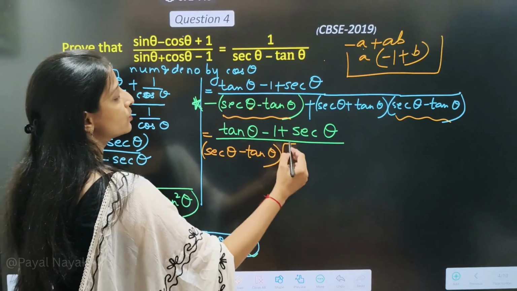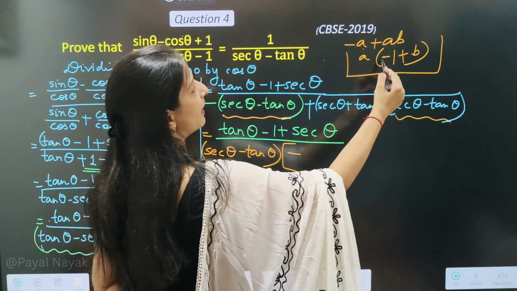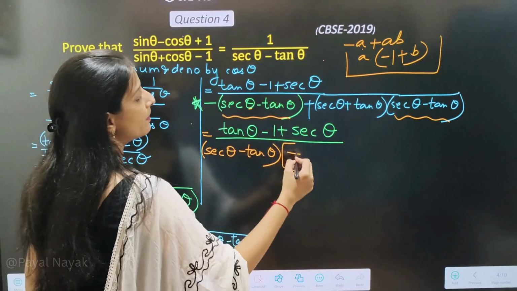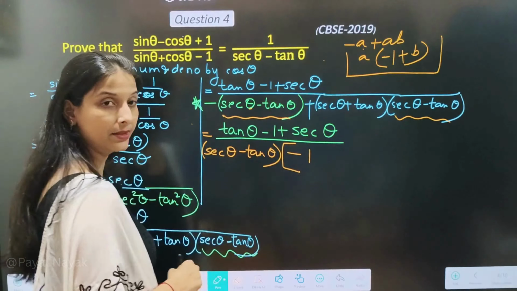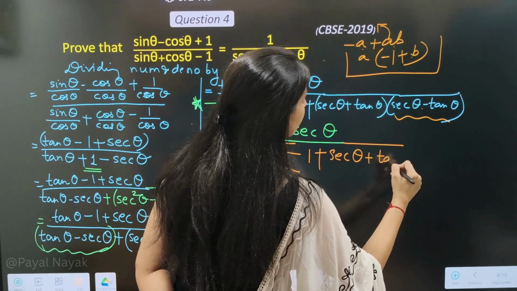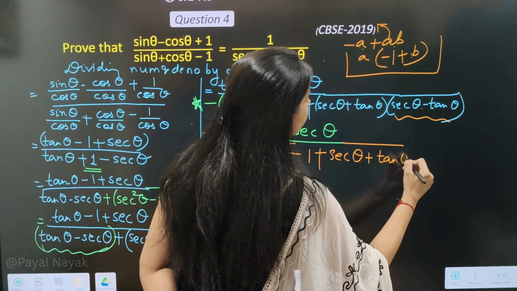Here minus, don't forget this minus, just like here minus 1, because I have taken this a out, so this will be minus 1, right? Plus from these two, your a is already moving out, so what are you left with? You're left with b, that is this term. So this is sec theta plus tan theta.